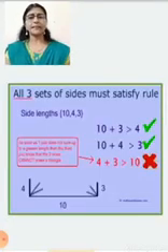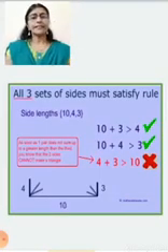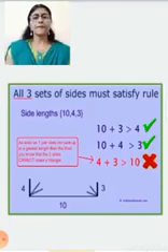Now the next example: the lengths of the sides are given as 10, 4 and 3. So let us try all 3 combinations, all 3 sets of sides. We will add and see whether the value is bigger than the third side or not. First combination, 10 plus 3. 10 plus 3 is 13. 13 is greater than 4.